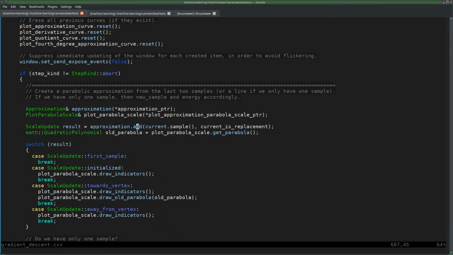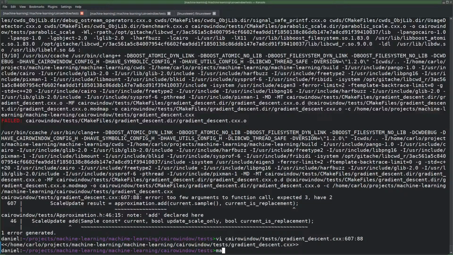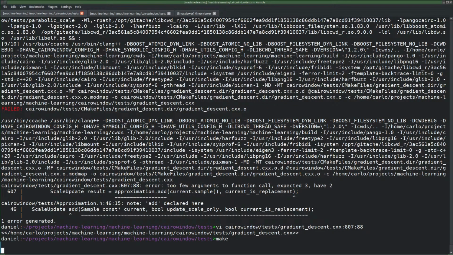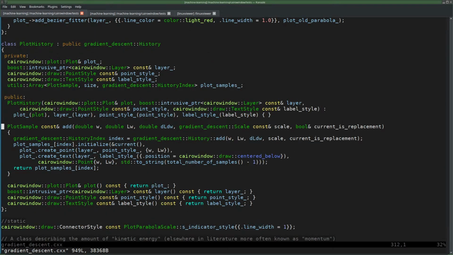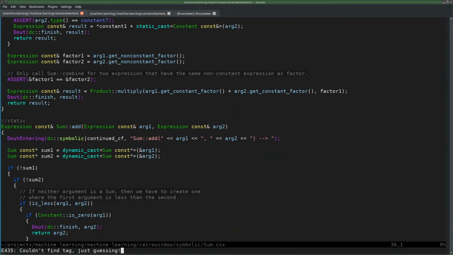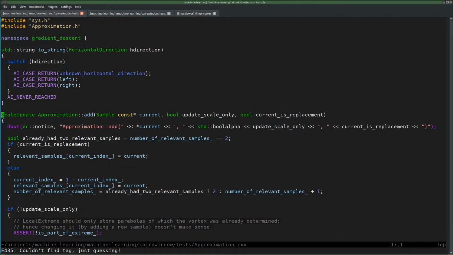Approximation of the guess is the only place. I don't know if it's the only place, so let's first try to compile this. It is. And what I need to pass is update scale only. Yeah, okay.